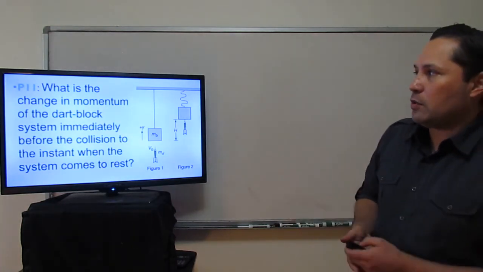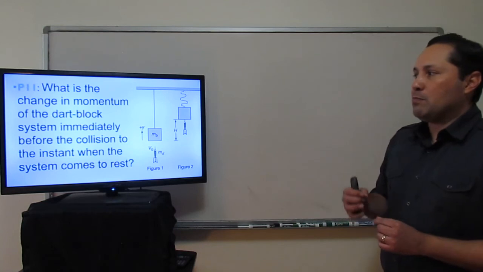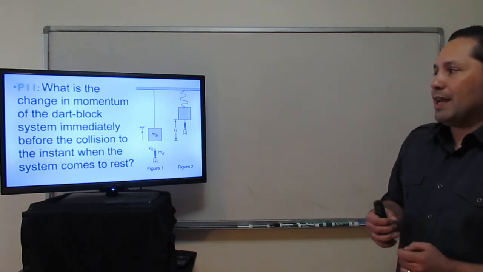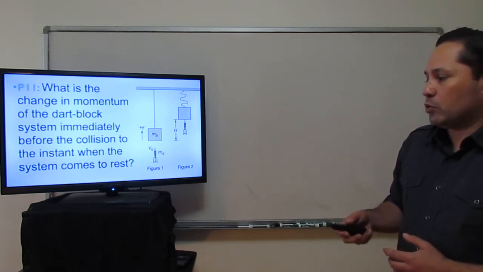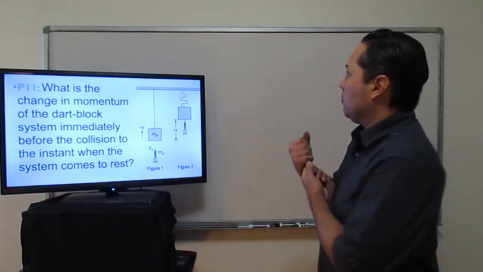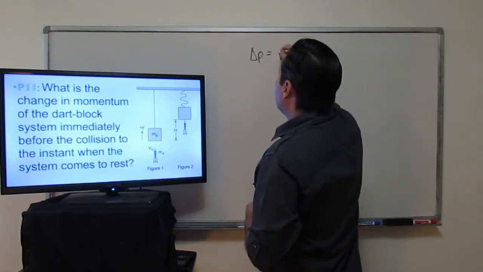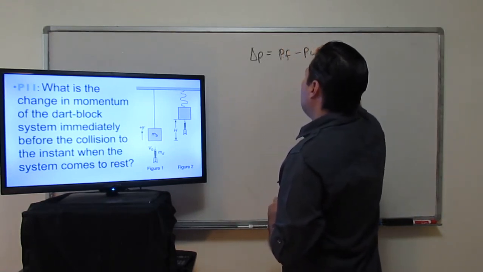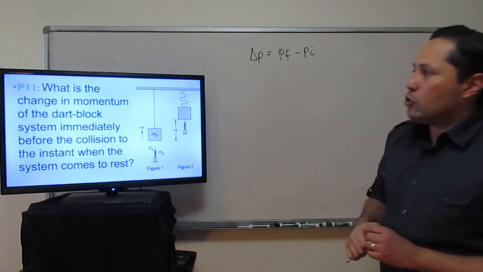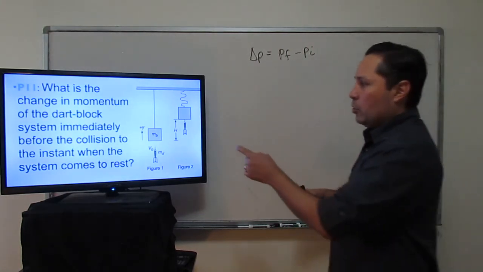They ask the following: what is the change in momentum of the dart-block system from immediately before the collision to the instant where the system comes to rest? So we're looking for the change in momentum. Change in momentum, delta p, is equal to momentum final minus momentum initial. To solve this problem, first picture these objects.